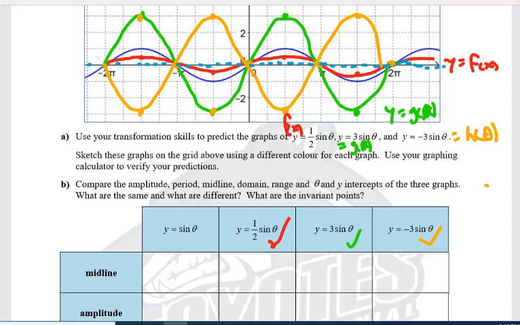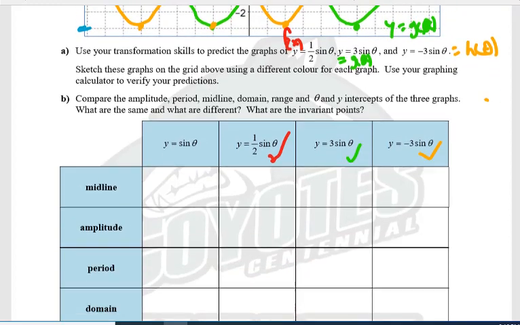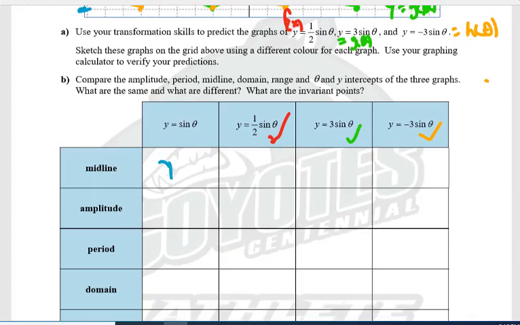We're going to draw this every single time, and in this case, it just ends up being your average height. We have a maximum height of 3 and a minimum height of -3, so your average is 0, or we have a maximum height of 1/2 and -1/2, so your midline in all three of these cases happens at y equals 0.